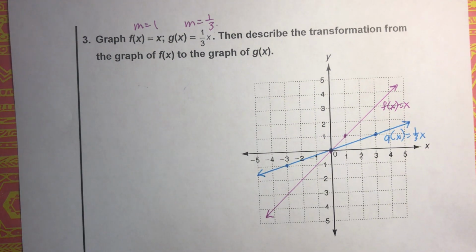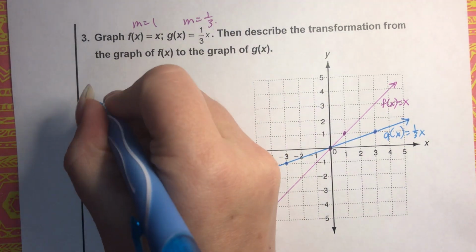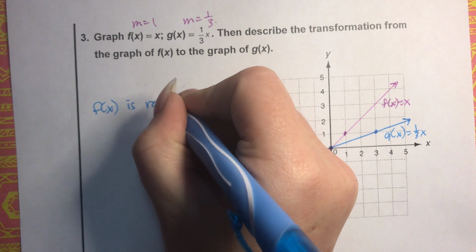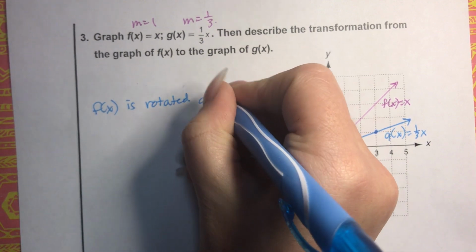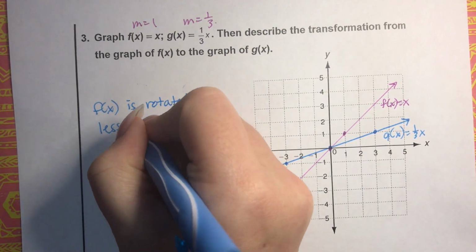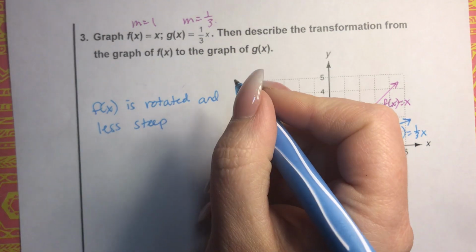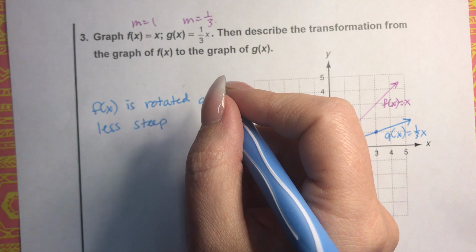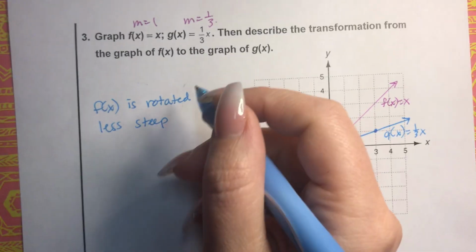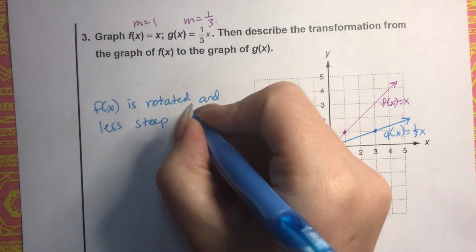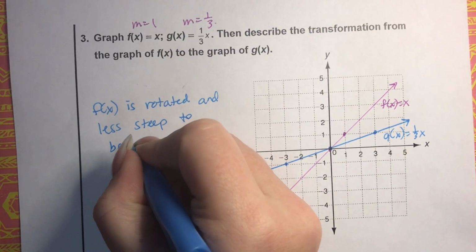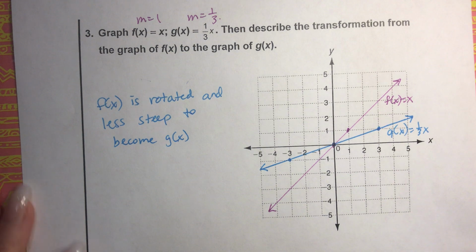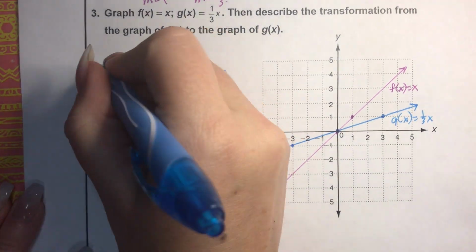So what we can say is that f of x is rotated and less steep to become g of x. All right? Perfect. So there's our answer right there.